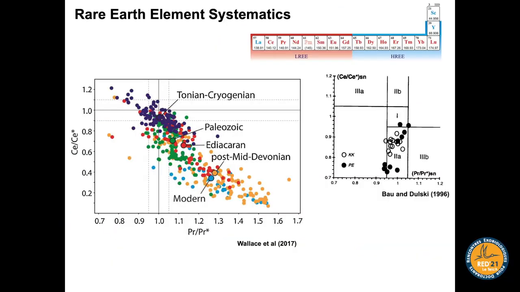And here you can see cerium anomalies that are growing progressively bigger and bigger, going from 1, which is no cerium anomaly, the same amount of cerium as the neighbors, going down and down and down to 0.2. And here you can see what you're basically seeing from the Cryogenian, from about 700 million years ago. You're seeing these cerium anomalies getting more and more important in marine deposits as the system became progressively more and more oxygenated at the end of the Neoproterozoic.